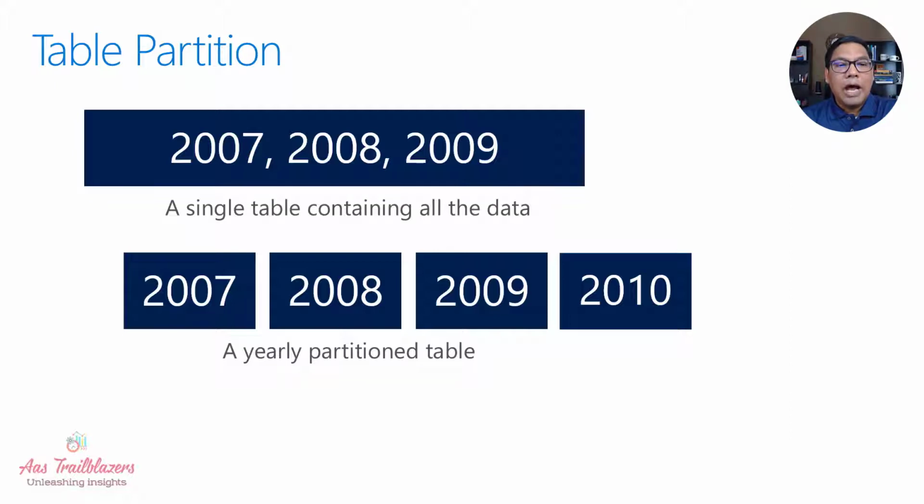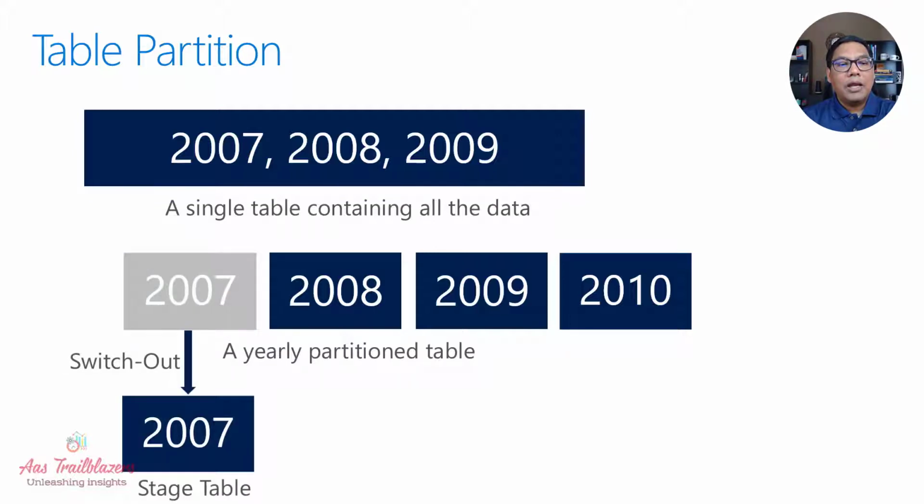To do that, we simply switch out that partition to another table, which is another staging table, and this partition switch out is a metadata operation. So this operation is going to run almost instantaneously.